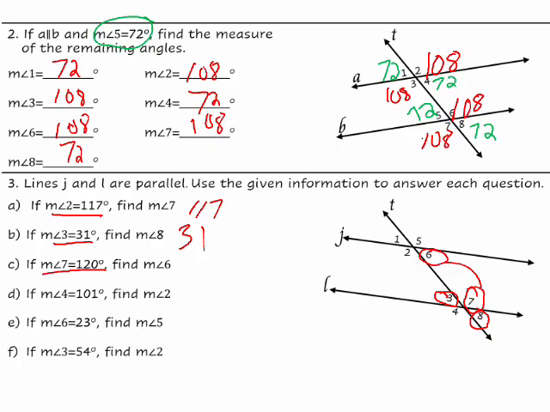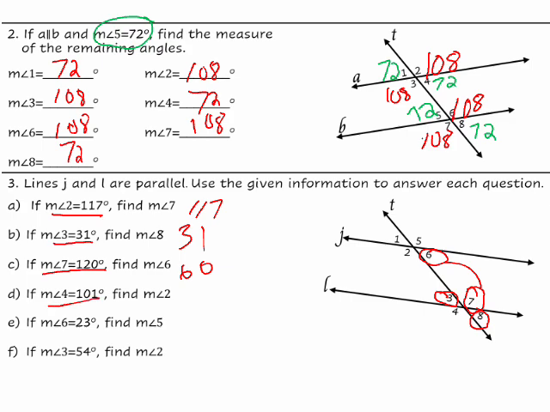Like in that example at the top when we had angles that were 72 and 108, any angle that's 72 and any angle that's 108 adds up to 180, so they're supplementary. So if 7 is 120, we subtract that from 180 to find angle 6, and that would be 60, because supplementary angles have to add up to 180.